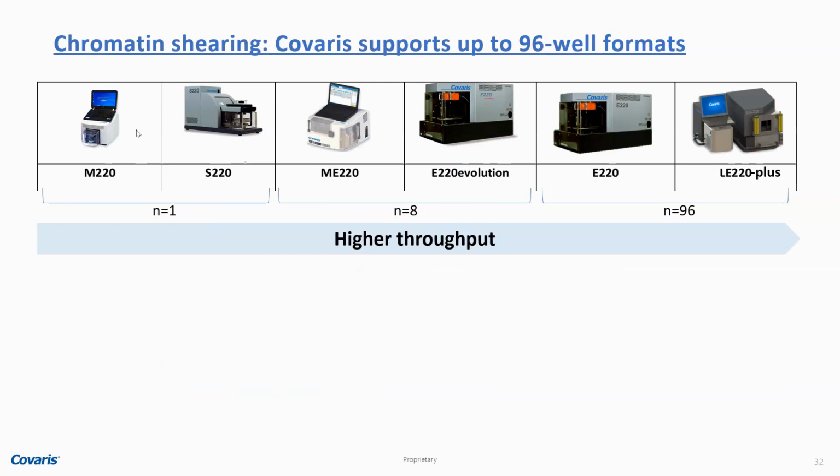This is the M220 for low power and the S220 for high power. Then we have the big brother of the M220, which is the ME220, which can handle 8 samples, and the E220 Evolution, which is the big brother of the S220, which can also handle 8 samples. And then we also have the sample ultrasonicator that can handle up to 96 samples at a time.